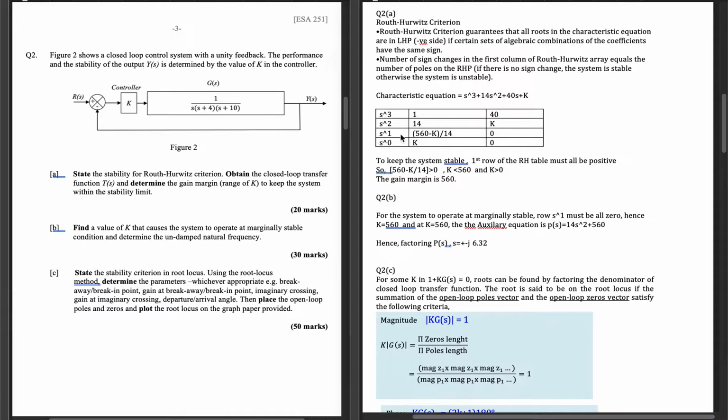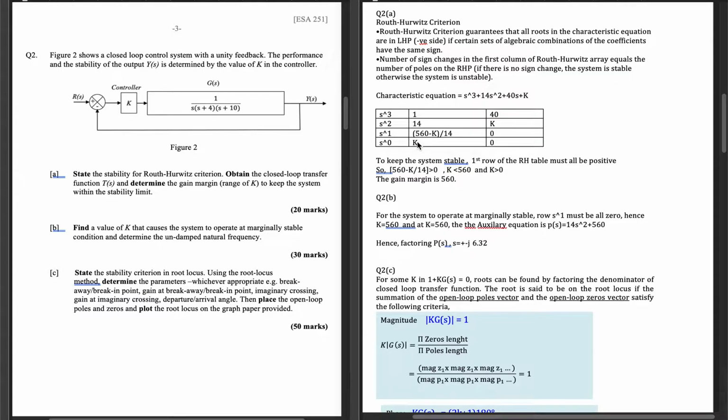So for this row, we want to keep this positive, so K must be less than 560. If K is more than 560, this part becomes negative here, right? So the limit to keep this row positive is K must be less than 560.